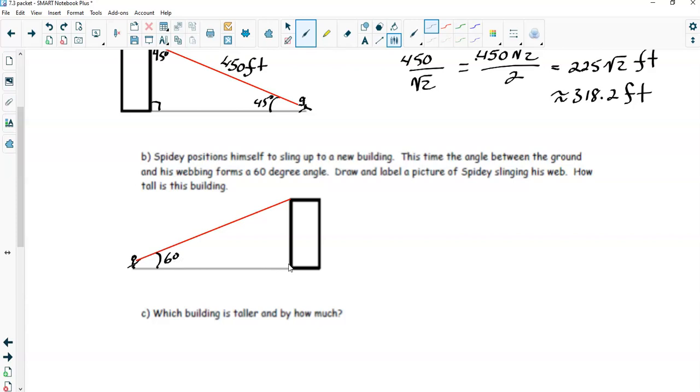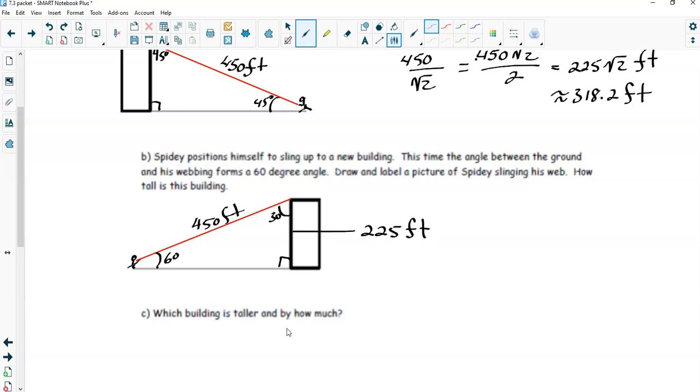So that means it's a 30, 60, 90. Remember that sling is 450 feet. This is my 90 degrees, that's the hypotenuse, and this is the short leg. The short leg is always half of the hypotenuse. So the short leg would be 450 divided by 2, which is 225 feet.